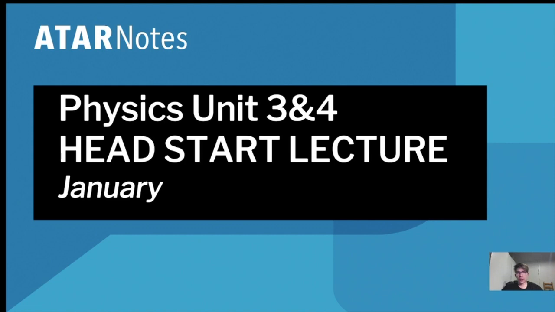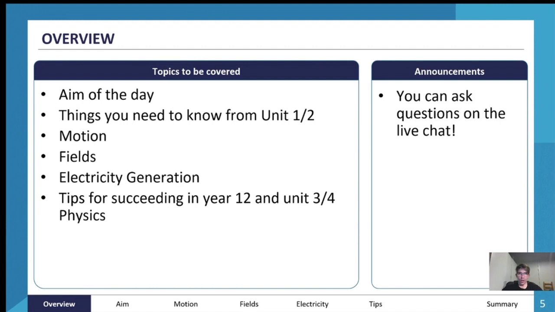So this is a Headstart lecture for Physics 3.4, and we are going to cover a lot of things, but primarily we are going to go through the things that you need to know from units 1 and 2.